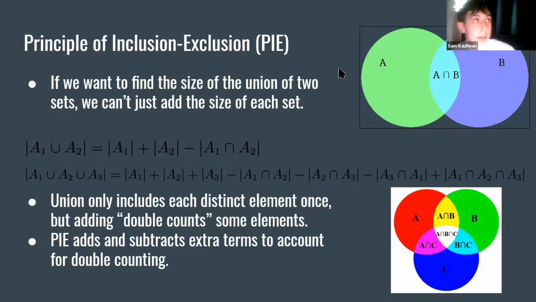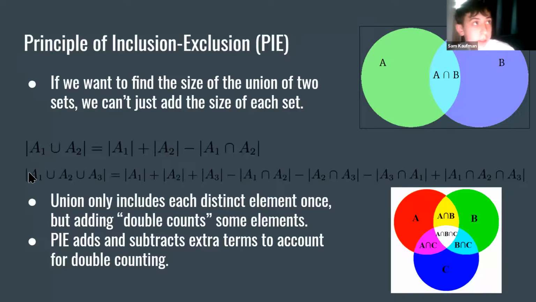So the union of two sets, we're trying to find the union of sets A1 and A2. We add the size of A1 and the size of A2, and then we subtract the intersection, because that's what we overcounted.